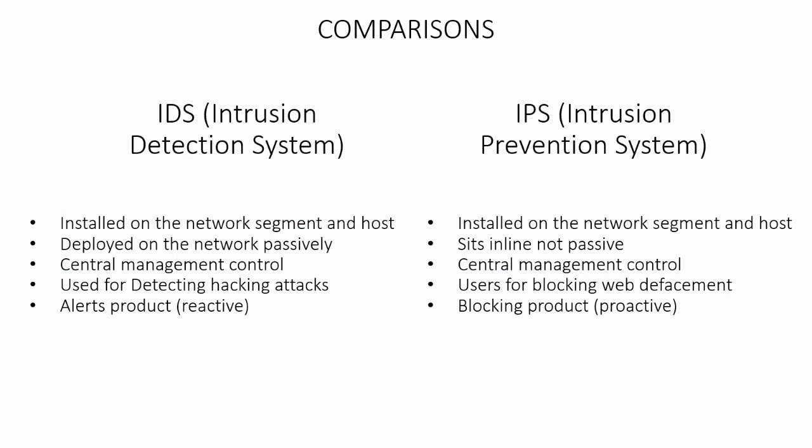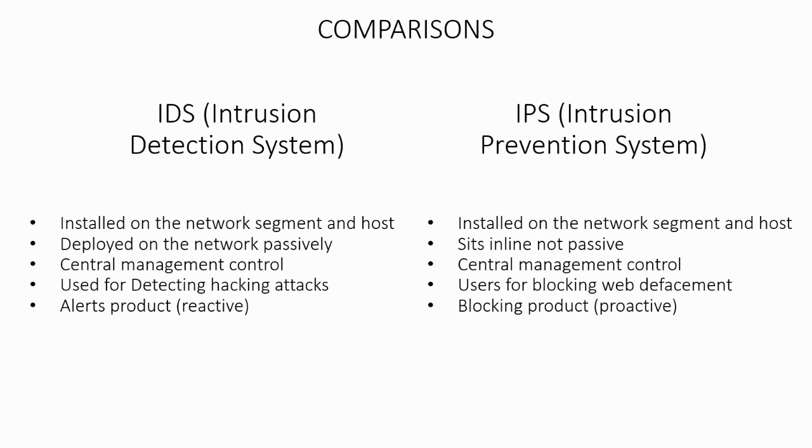The comparison of both systems is pretty straightforward. Both appliances perform deep packet inspection and validate if there are any anomalies detected. Both can be installed on the network segment, or software can be installed on a host computer.